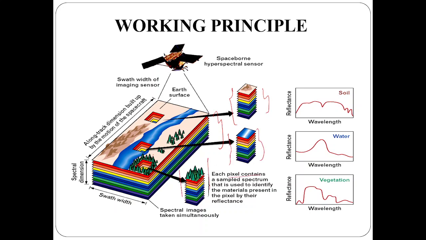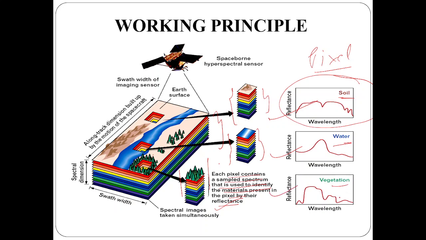Each pixel contains a sample spectrum that is used to identify the materials present in the pixel by their reflectance. For example, if we talk about the pixel only, some part of the pixel will give the soil signature, one will give the water, and one will give the vegetation.